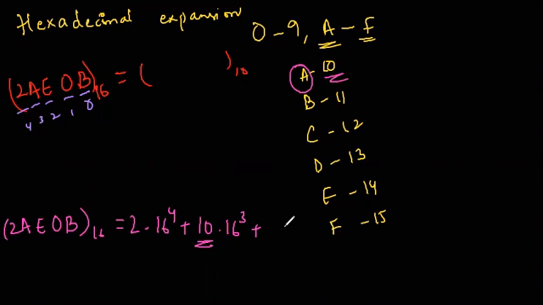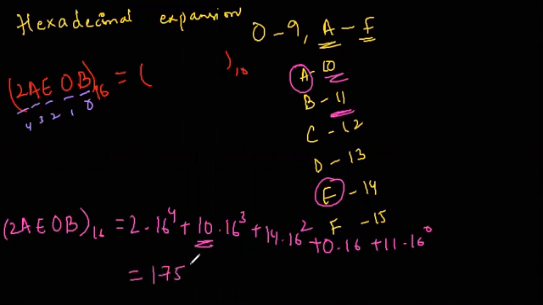After that E's value is 14, so we write 14 into 16 square plus 0 into 16 plus B's value, which is 11. So B is 11 into 16 power 0, which is equivalent to 1. So this will give us the answer 175,627, which is of base 10. So these are the expansions from binary and hexadecimal to decimal digits.